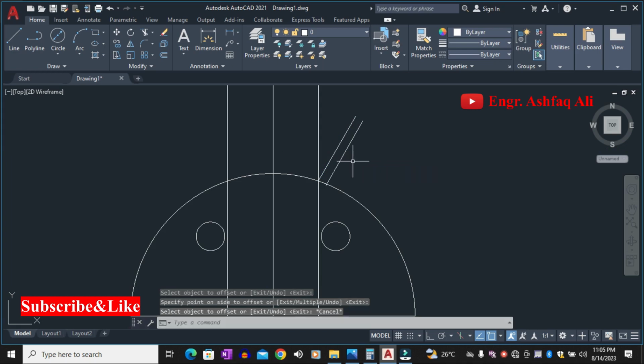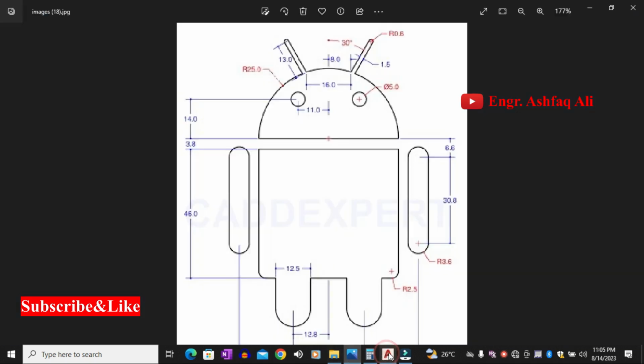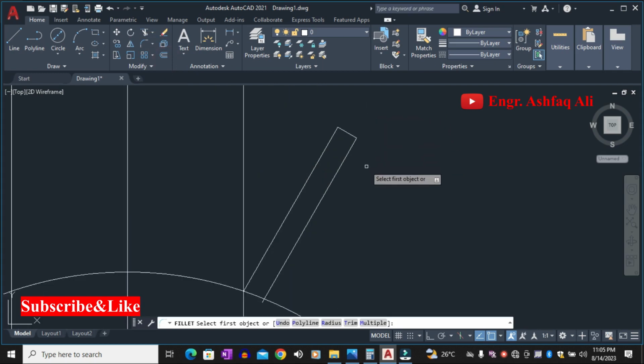So select line, sketch the line, press dimension 13, then press tab, and after tab you need to enter the angle, so it's 30 degrees, and press enter. There is a center distance of 1.5.